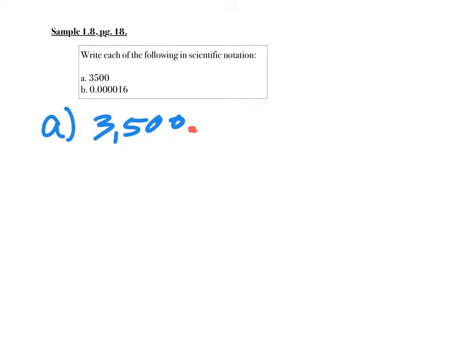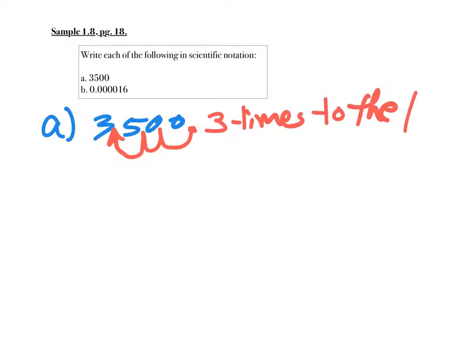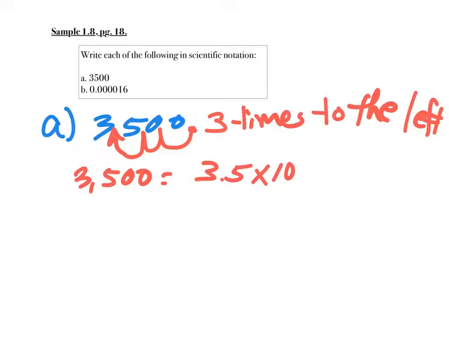In this case, we have to move it to the left. How many times do we have to move it to the left? Just count. 1, 2, 3. So it moves 3 times to the left, which means that 3,500 equals 3.5 times 10 to the third.